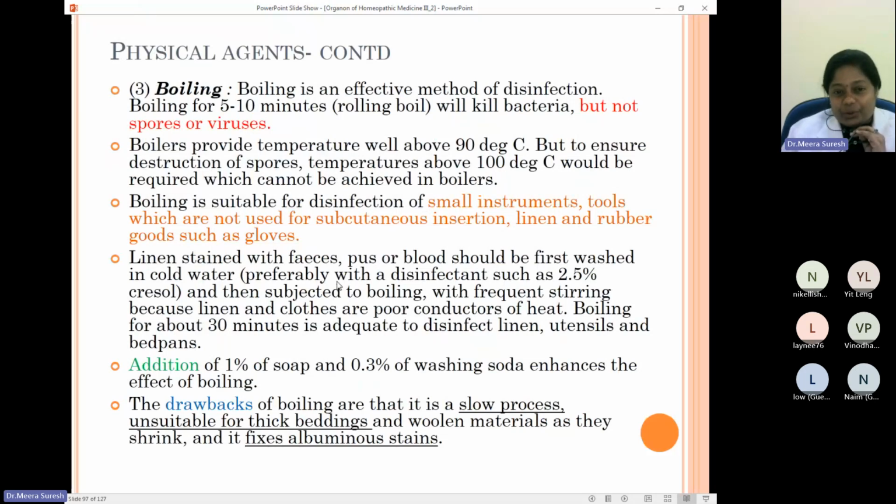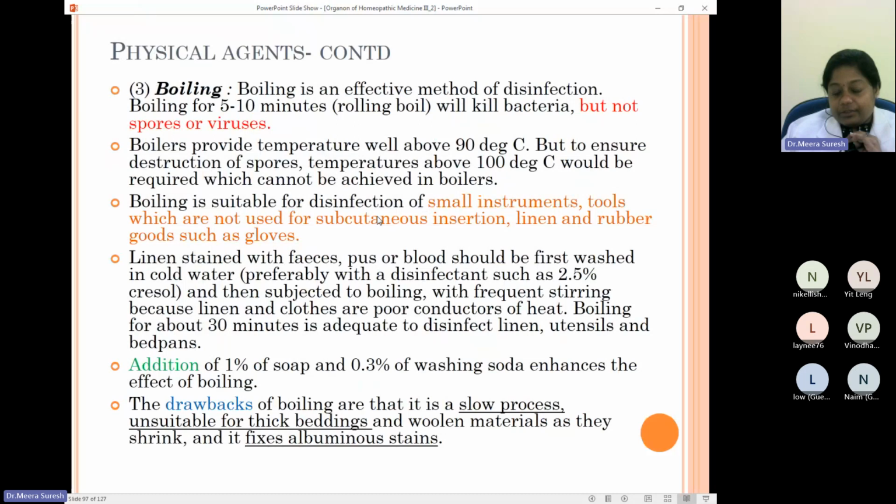Still, even when we do the rolling boil, it's not going to kill the spores or viruses. Boilers provide temperature well above 90 degrees Celsius, but to ensure the destruction of spores, a temperature above 100 degrees Celsius should be there, which cannot be achieved in boilers.